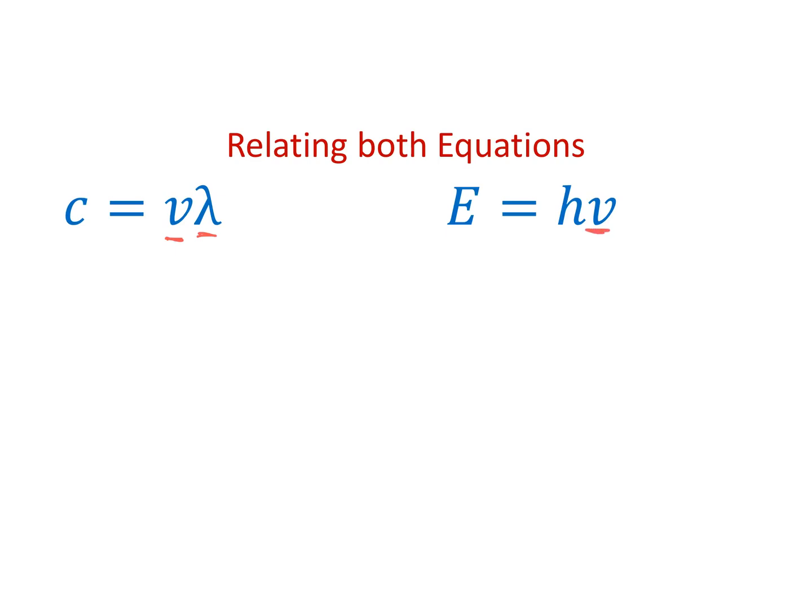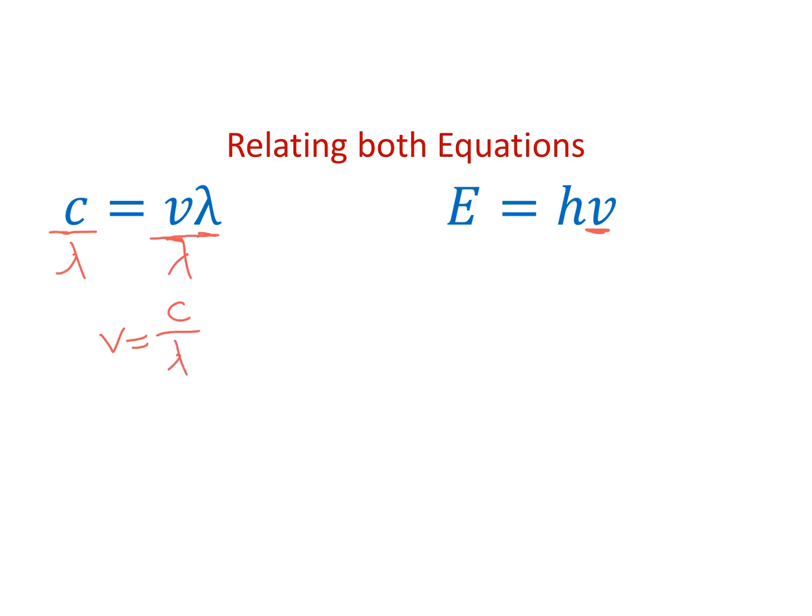It's also possible to combine both of these equations into one to save us from doing 2 calculations when we could just do 1 calculation. So to do that, I'm going to solve the first equation for frequency. If I divide both sides of this equation by wavelength, wavelength cancels out, and I get frequency equals the speed of light over wavelength.